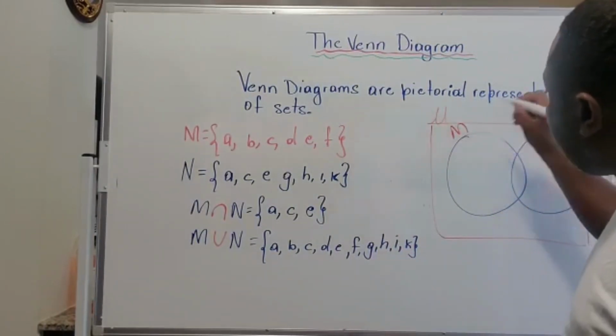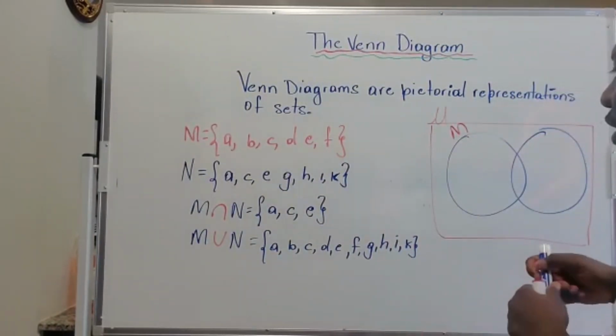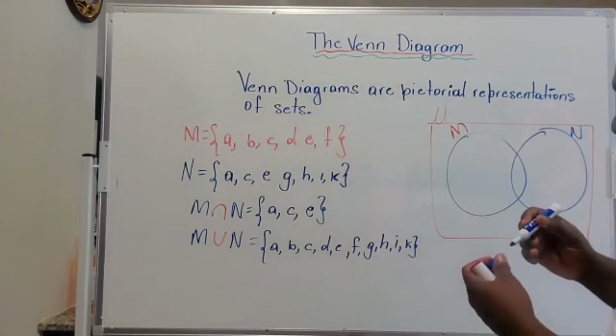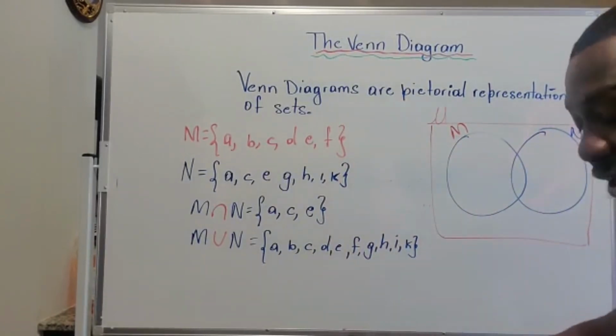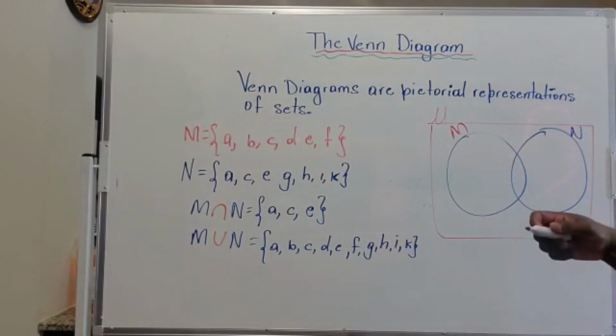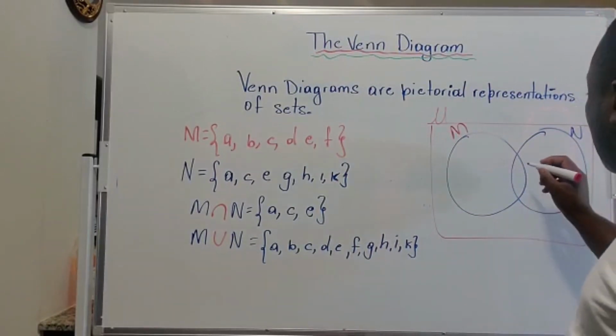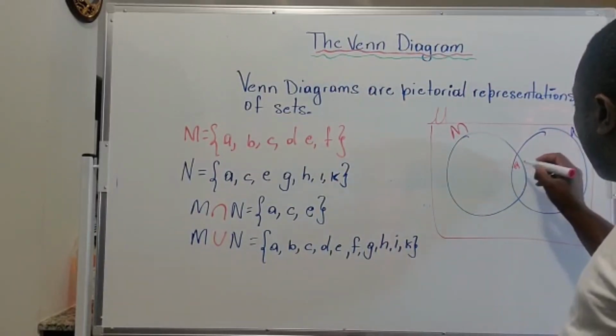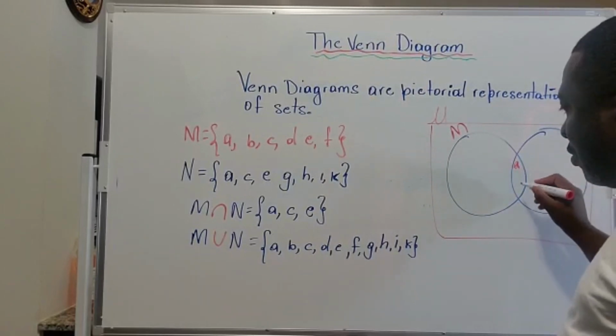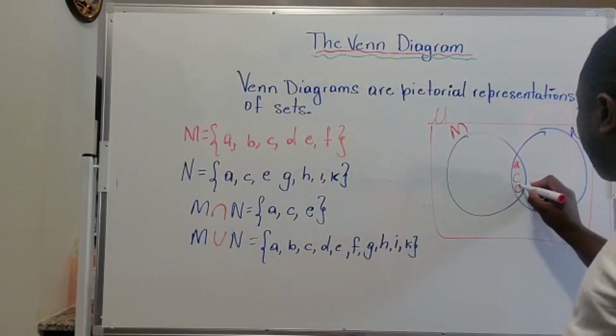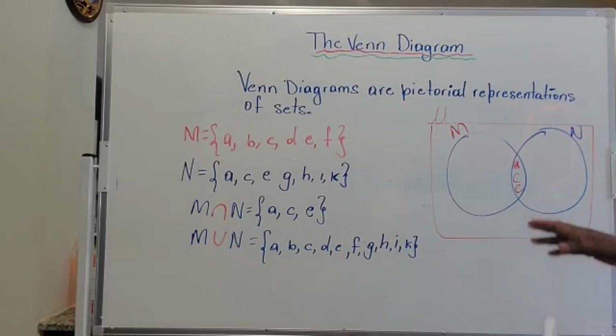This is M, and over here I kept N. What about the intersection? Are there common elements? Yes. So the common elements are A, C, and E. This goes into the intersection.